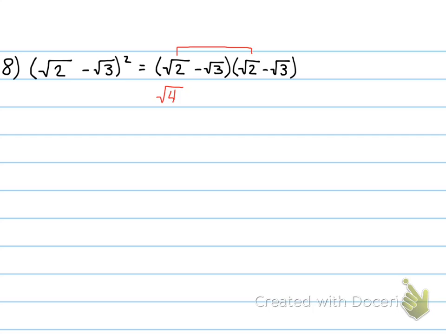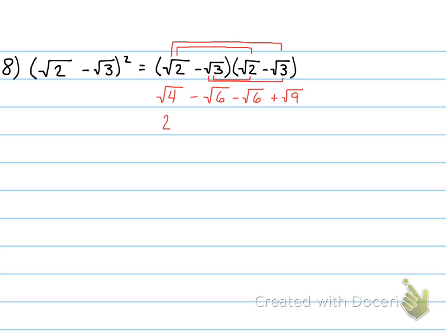Square root of 2 times a negative square root of 3 is a negative square root of 6. Negative square root of 3 times a square root of 2 is going to be a negative square root of 6 again. And then a negative square root of 3 times a negative square root of 3 is a positive square root of 9. Simplify what I can, and then combine what I can.